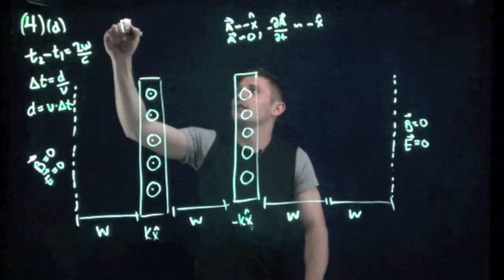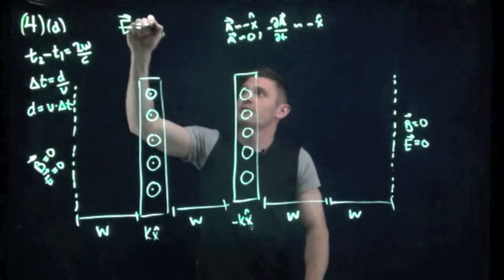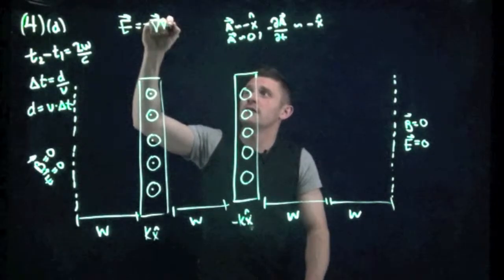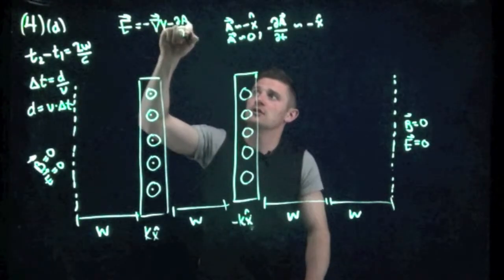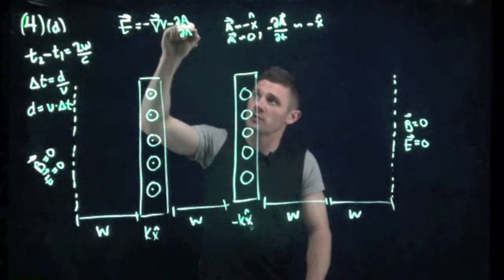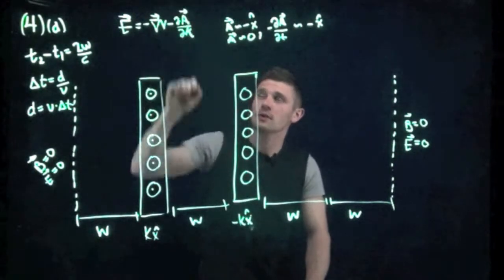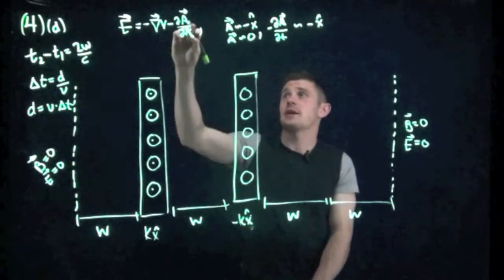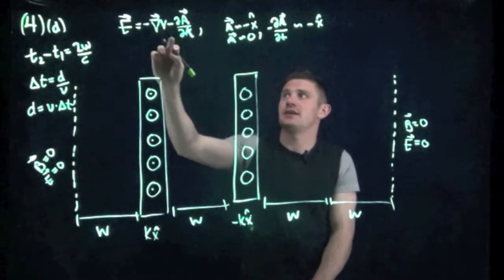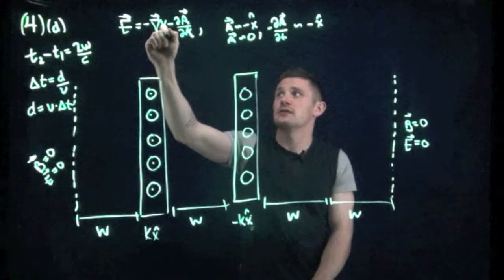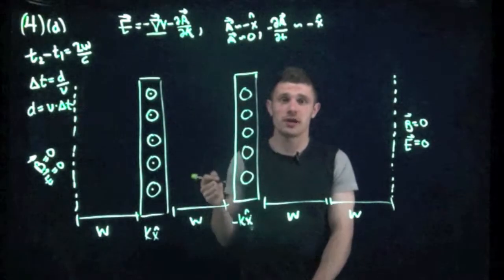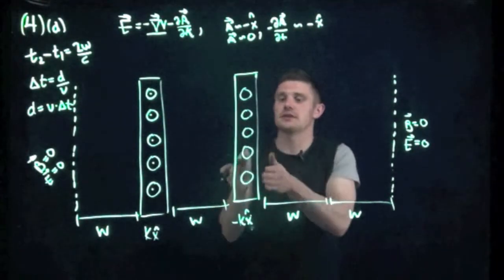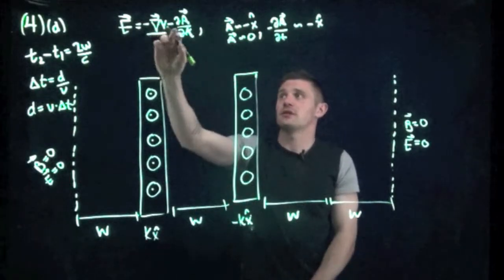But we can recall that the electric field is given by the negative gradient of V minus the change in the vector potential with respect to time. So the direction of the electric field will be the same as the direction of this negative dA/dt, since there still is no charge anywhere, no charge density on top of the sheets, so we won't have a scalar potential.